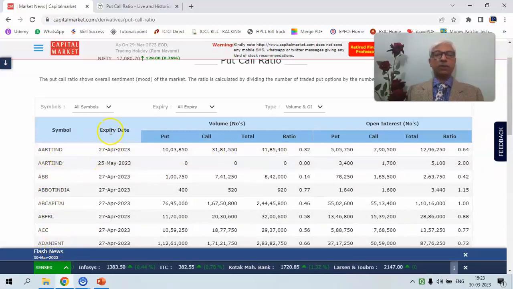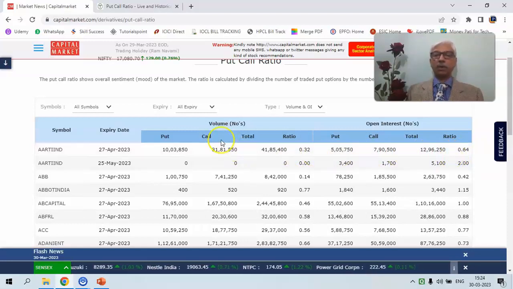Here you see for the expiry of 27th April, these are the number of put trades, these are the number of call trades, and this is the put call ratio, 0.32. Now this is based on volume. If you want to see based on open interest, it is this much here, 0.64. 0.32 and 0.64, quite a vast difference, isn't it?